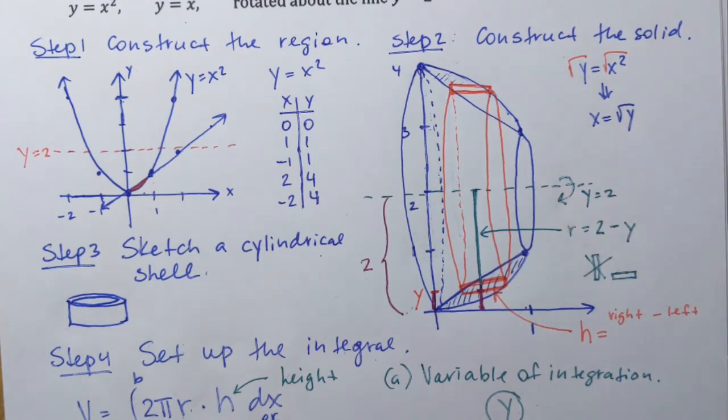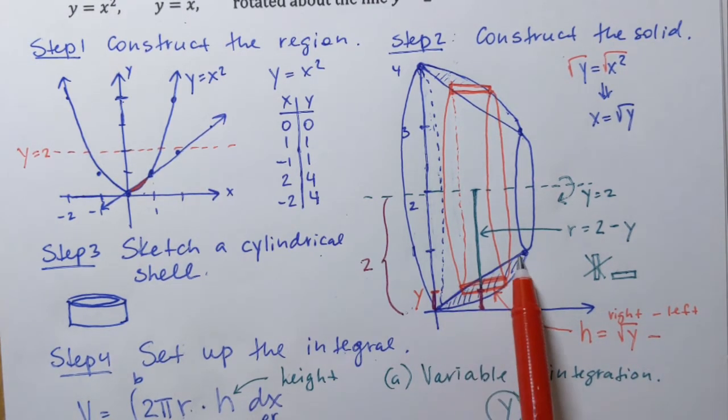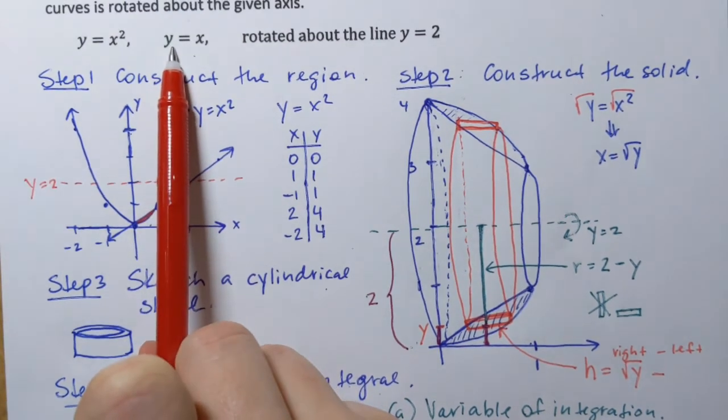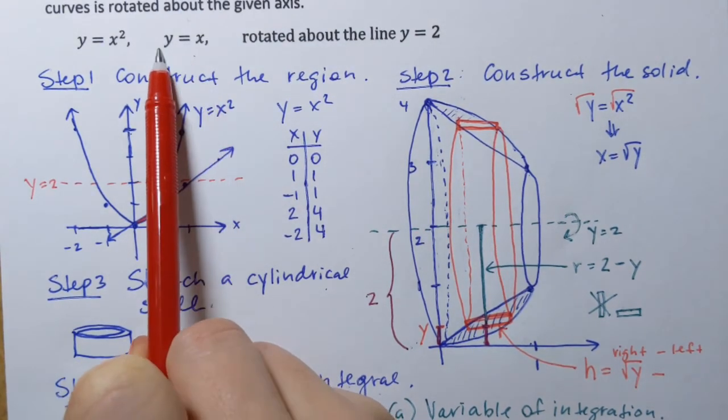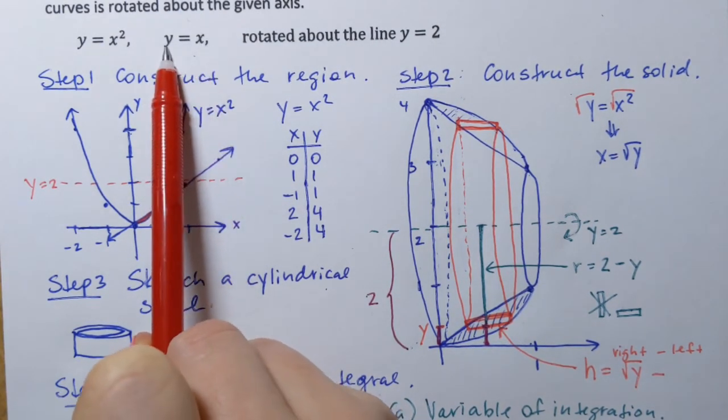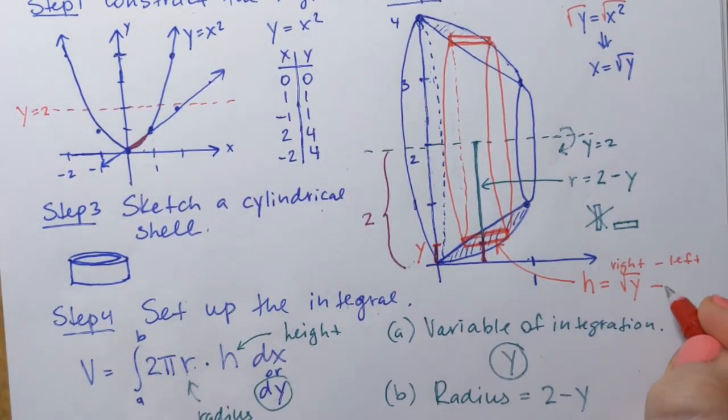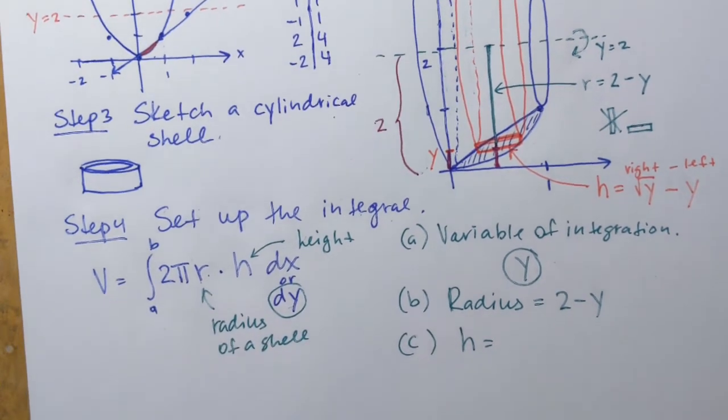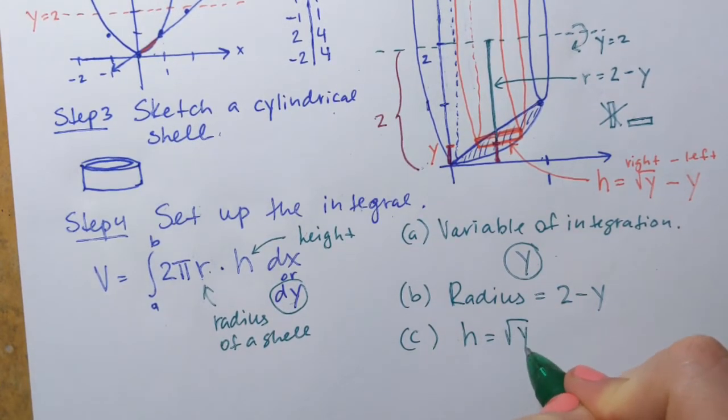So the function on the right is square root of y, minus, and then the function on the left is the line y equals x, but here I don't really need to do any steps, right? It's y equals x or x equals y. So it's simply minus y. Okay, so I'm writing it here. It's square root of y minus y. Well, that's what we have.